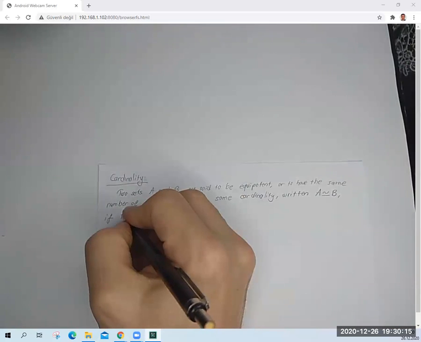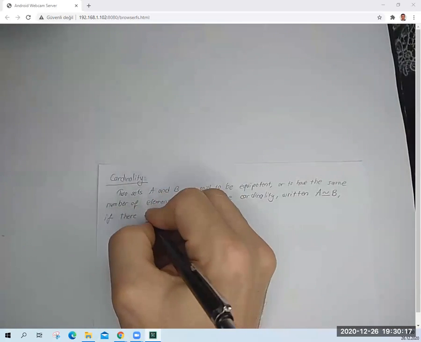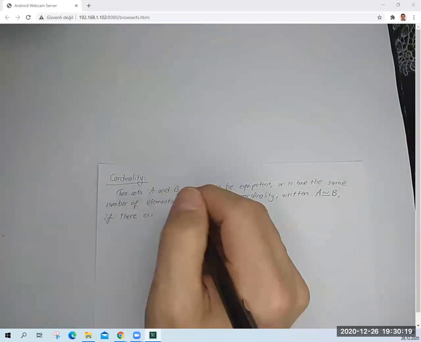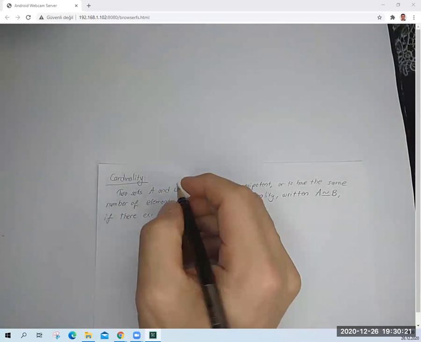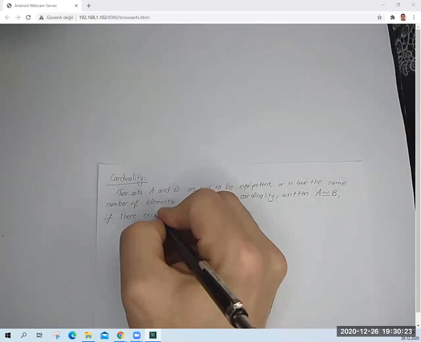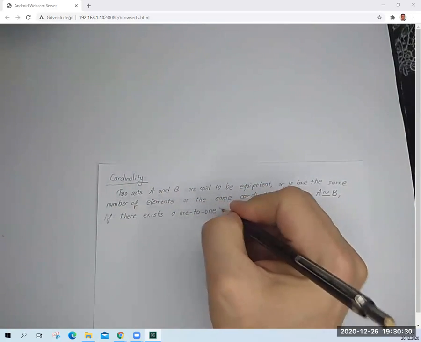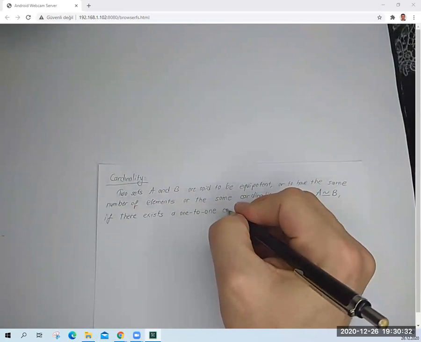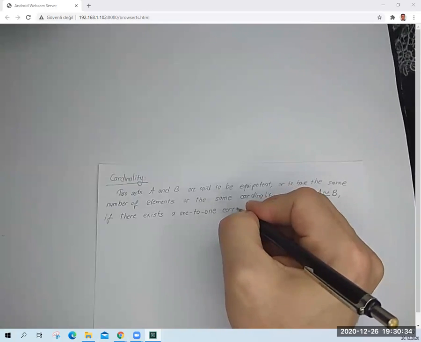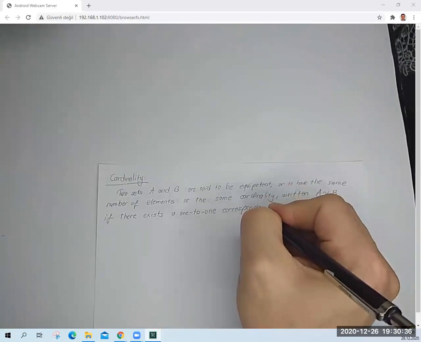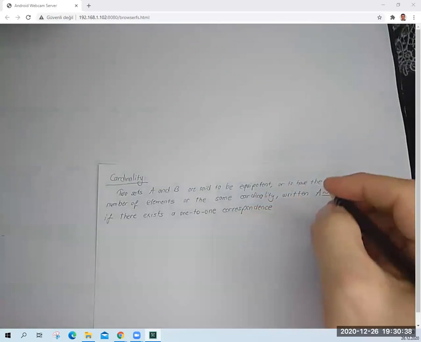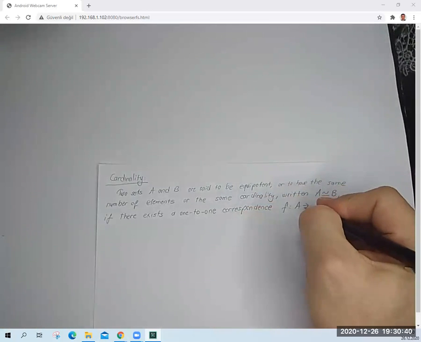Actually, we have to write code in that lecture. At that time, it is going to be more valuable. But now we are just talking about some definitions and theorems. There is a corresponding function f from A to B.